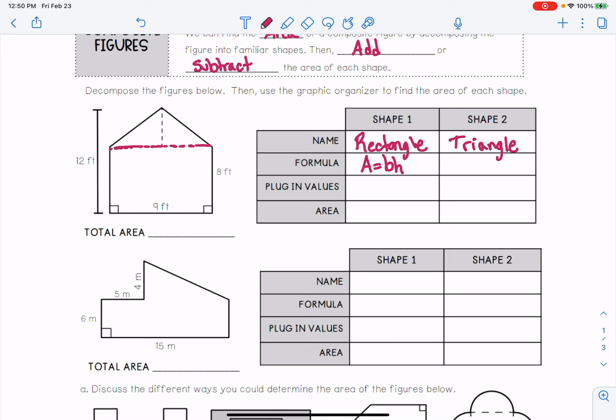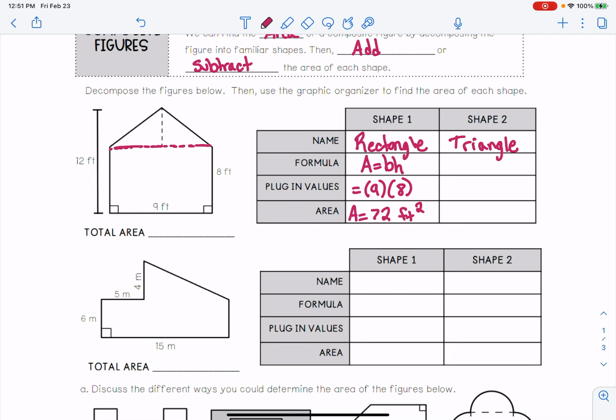So we're going to rewrite our formula as 9 times 8. And then we're going to do the multiplication. 9 times 8 is 72. So the area of our rectangle is 72 feet squared. Don't forget your label.